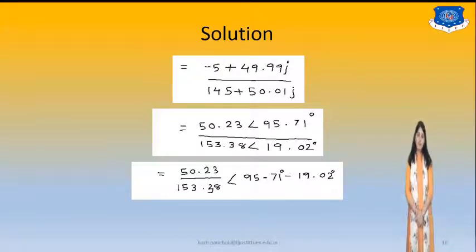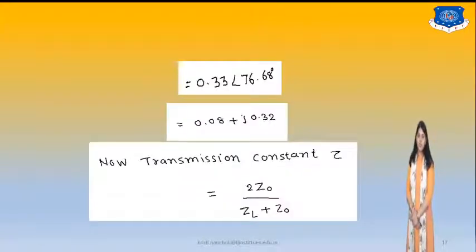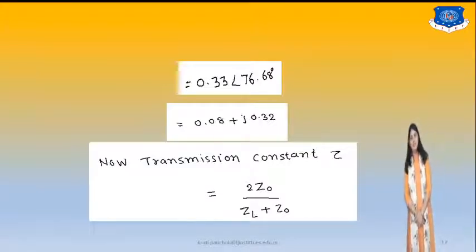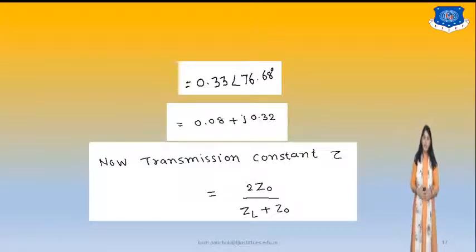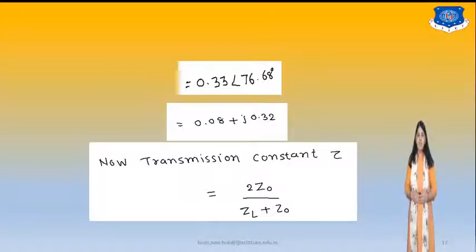So it is 50.23 upon 153.38, and the angle is 95.71 minus 19.02. Our answer is 0.33 angle 76.68 degrees. Converting from polar to rectangular, it is 0.08 plus j0.32.